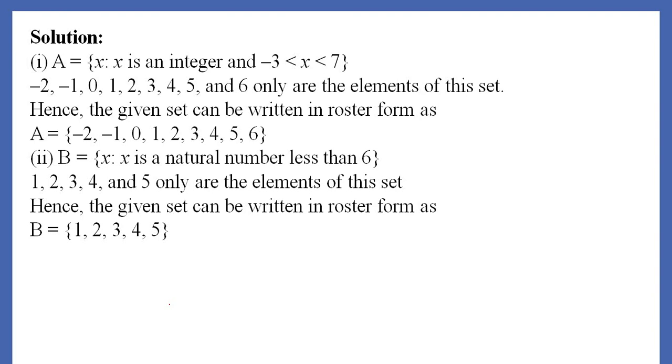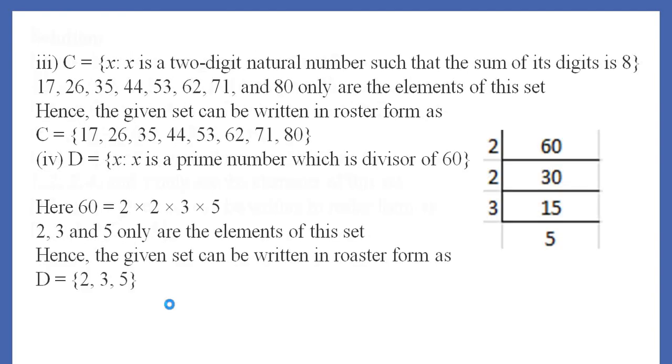That is the roster form, since the elements are separated by commas and listed in curly brackets. Now the next set builder notation is the set B containing those elements x such that x is a natural number less than 6. Now which natural numbers are less than 6? 1, 2, 3, 4, 5. So the roster form will be B = {1, 2, 3, 4, 5}. Here the elements are separated by commas and listed in curly brackets.